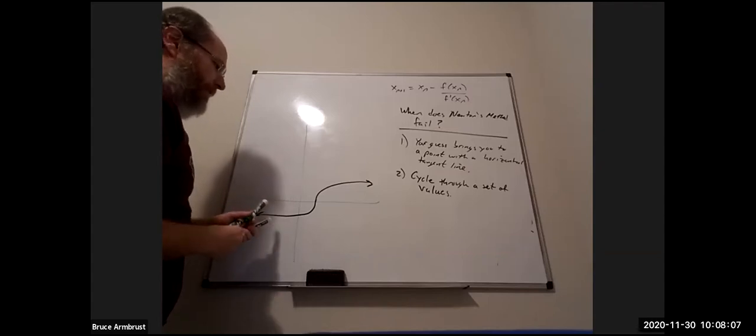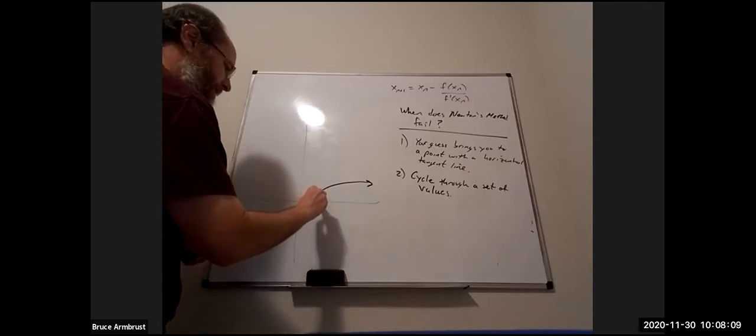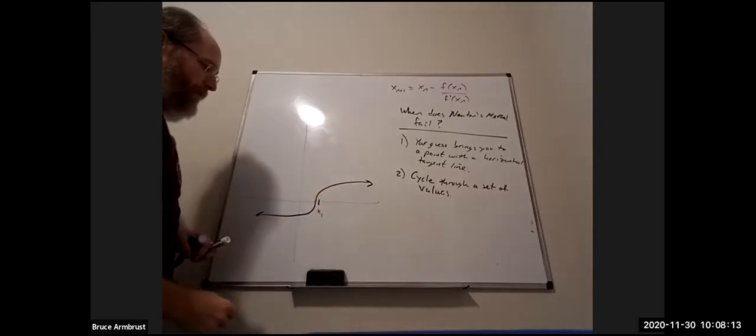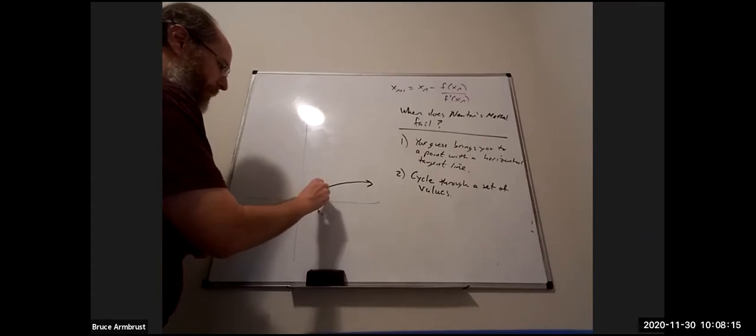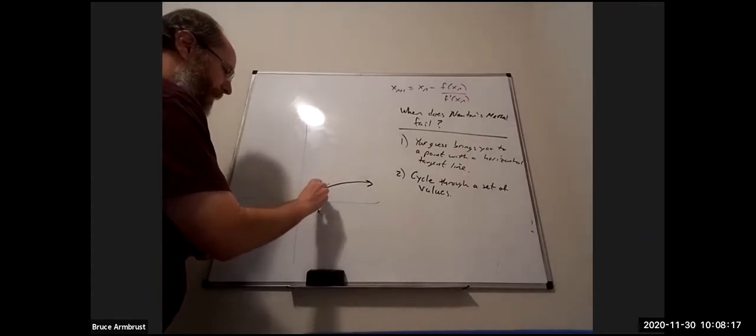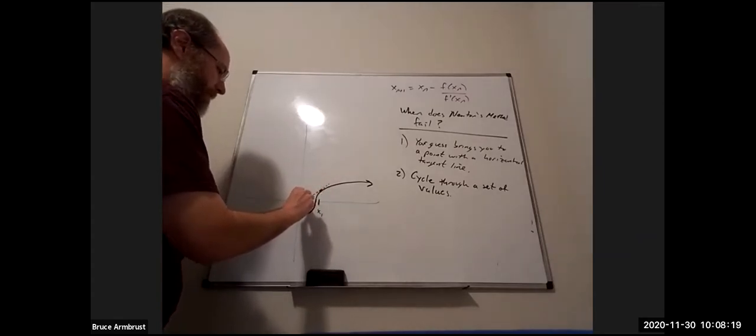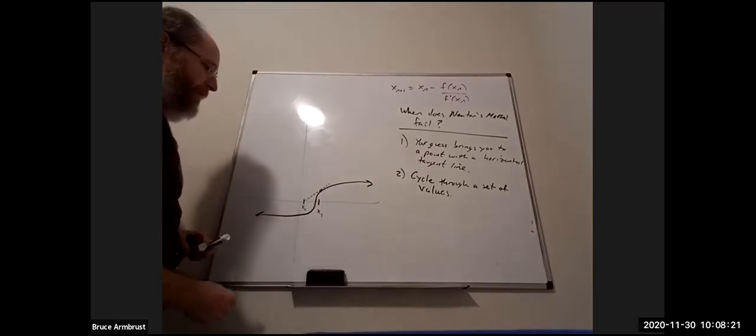All right, so let's start with an initial guess. And we're going to be nice and close. I'll call that x1. So x1, we run up here, we use the tangent line. That brings us here to x2.